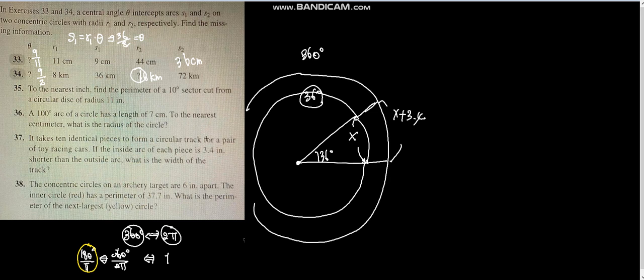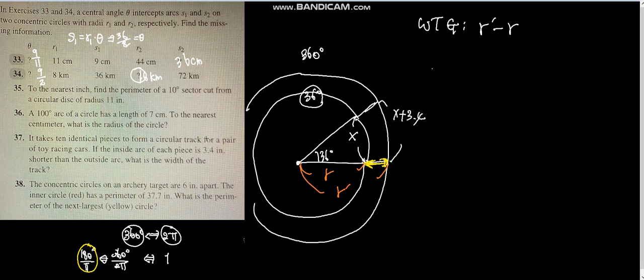So we want to know the length of this, right? How do you get that? Let's say this is r, and this is r prime. What we need to get here is r prime minus r, which is the width of the track, right?